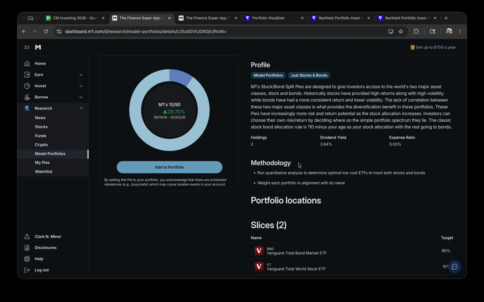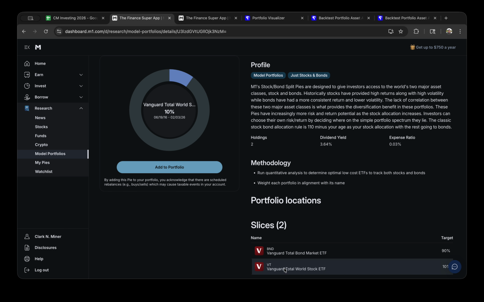Every time you put money into your account, M1 Finance automatically splits it up, puts 90% of it into bonds, just the total bond market, and 10% of it into the total world stock market, right?